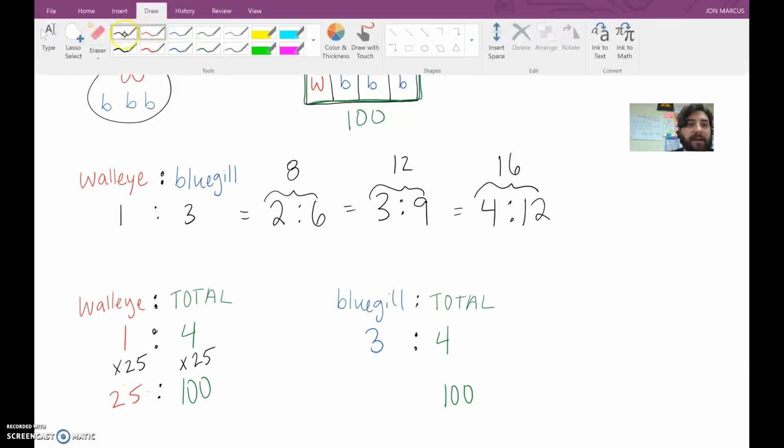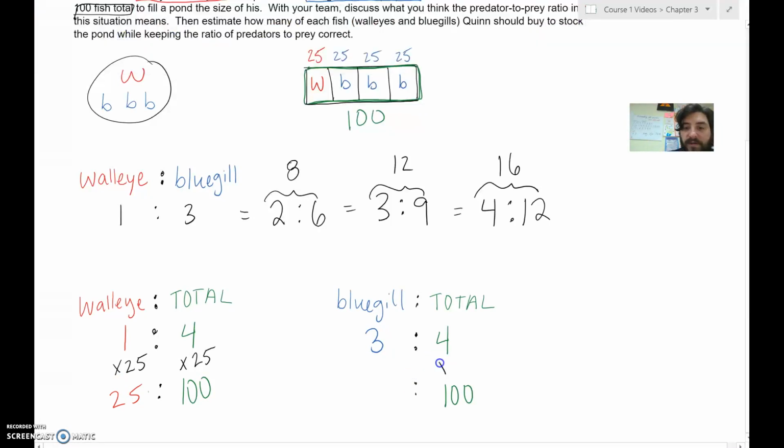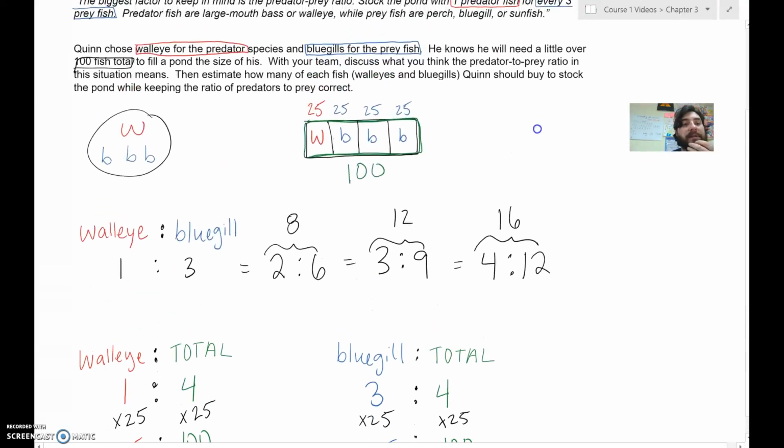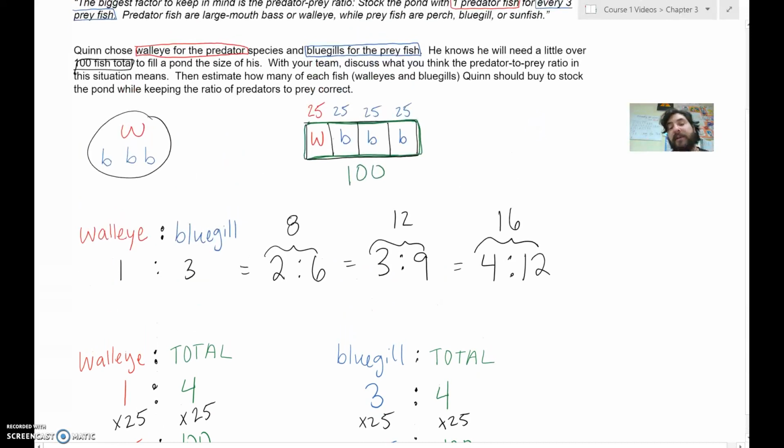And if we have 25 times the predators, we need 25 times the prey, and that'll get us 75. Now, if you caught that, that is not actually the answer. 25 walleye and 75 bluegill isn't quite the answer. That would be 100 total fish exactly.